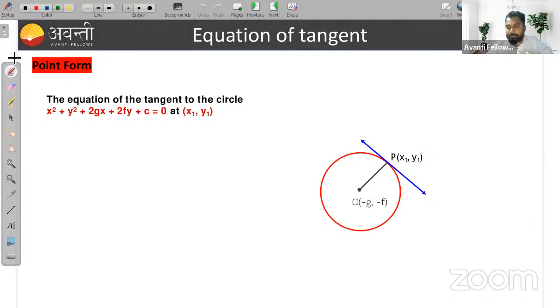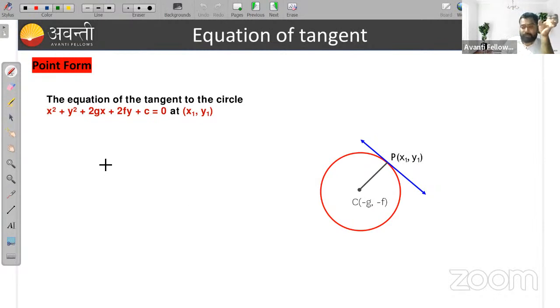Anyone can say. What is the equation of tangent? This is simple, yeah. Like I told you, what is the equation of tangents?